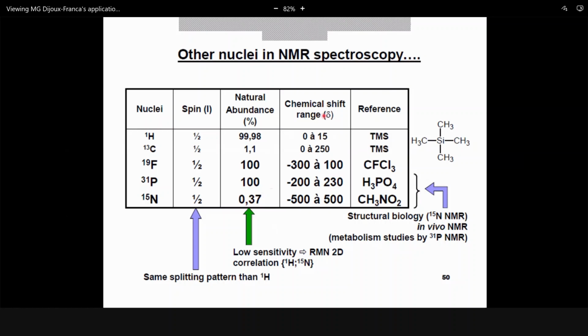You see also that the range of observation is different for the chemical shift. We talk about proton and carbon-13, but the range of resonance frequency is different depending on the nuclei we work with. And of course, the reference that should be used will be different depending on what nuclei you work with.